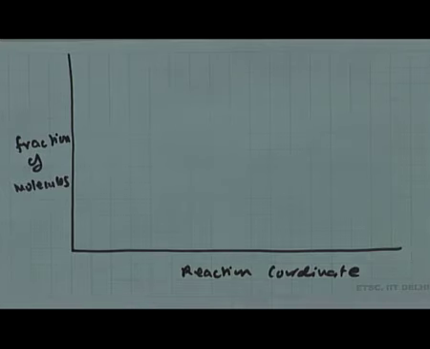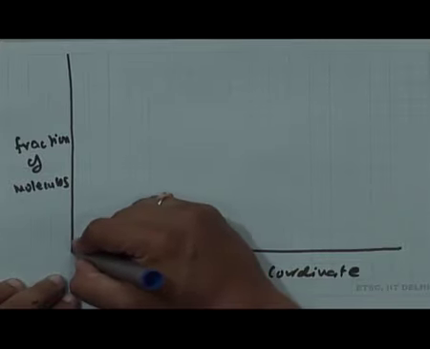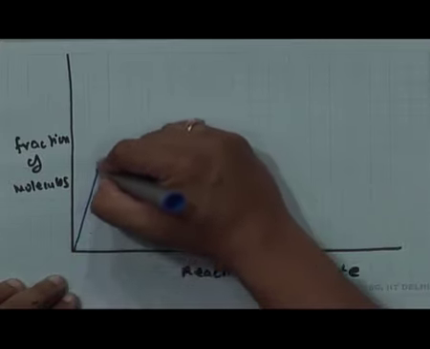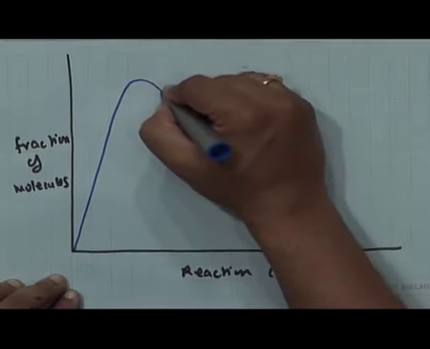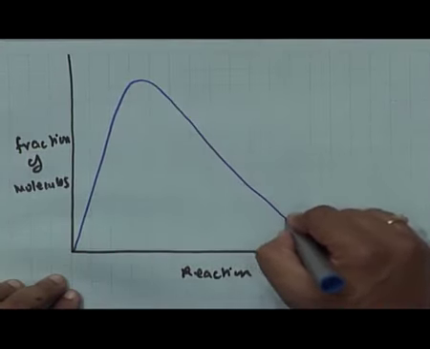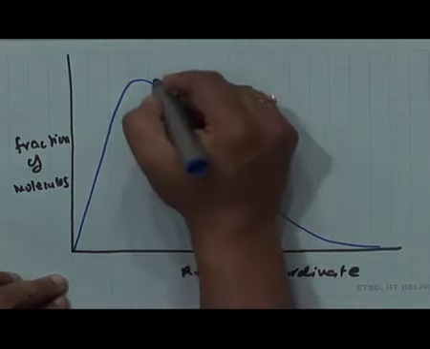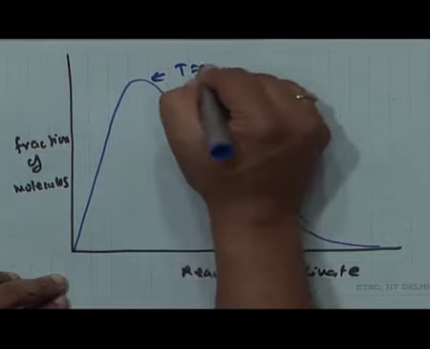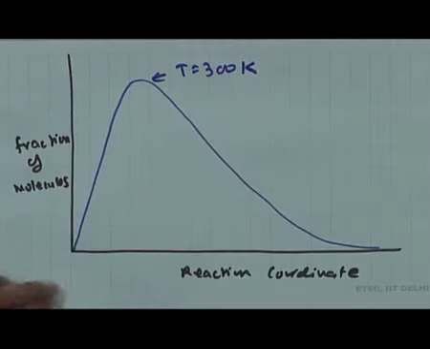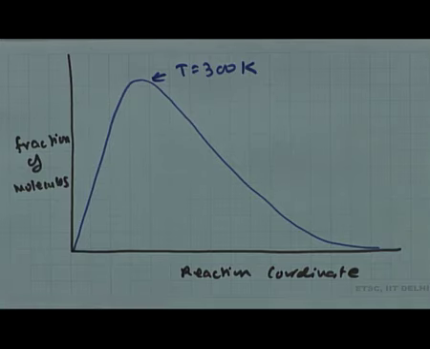Now, let us take two temperatures, and it does not matter what temperatures they are as long as the two temperatures are different. So, for example, let us take a temperature which is a distribution like this. So, let this temperature be T is equal to 300 Kelvin. Now, let us take another temperature. This time this temperature is higher than 300 Kelvin, and say the temperature is say 600 Kelvin.